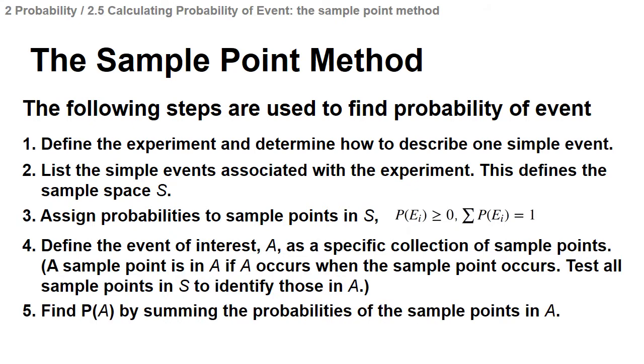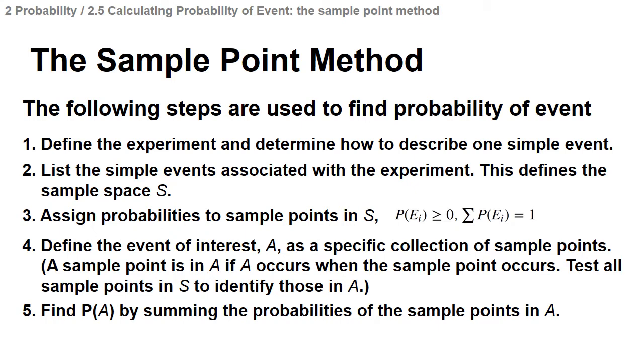And next, we find the probability of A by summing the probabilities of the sample points in A. So in the set A, there are multiple sample points, and since we assigned probabilities to each simple event, by summing up those numbers, we can get the probability of A.